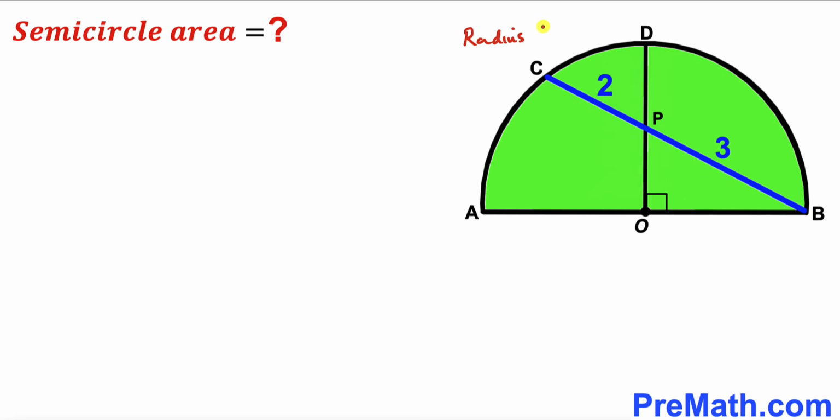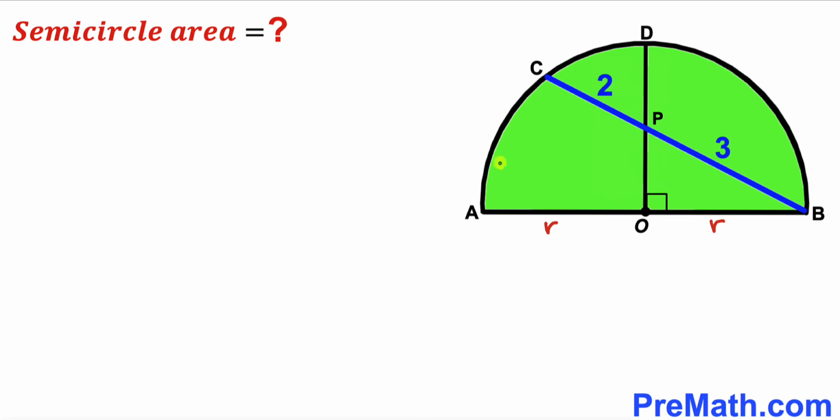Let's assume that AO is our radius, labeled lowercase r. Then OB is also radius r, and our task is to find the value of r.